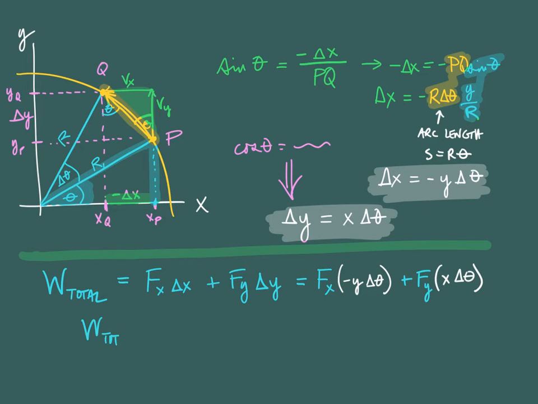So total work comes into a different form. Notice that they both have a delta theta in common. Since they have a delta theta in common, I can pull that out. And what I'm left with on the inside is an x f sub y minus a y f sub x.